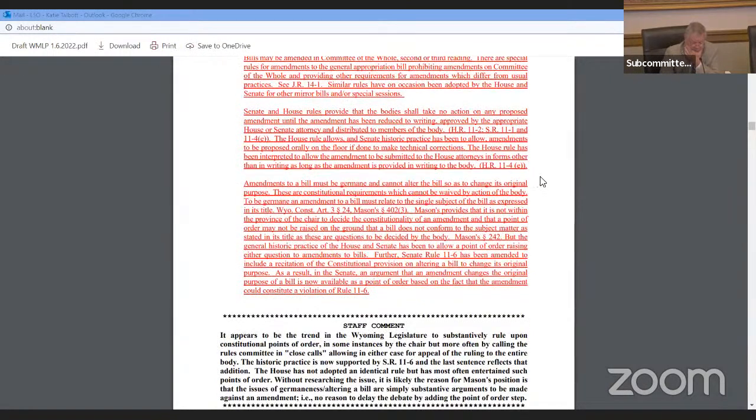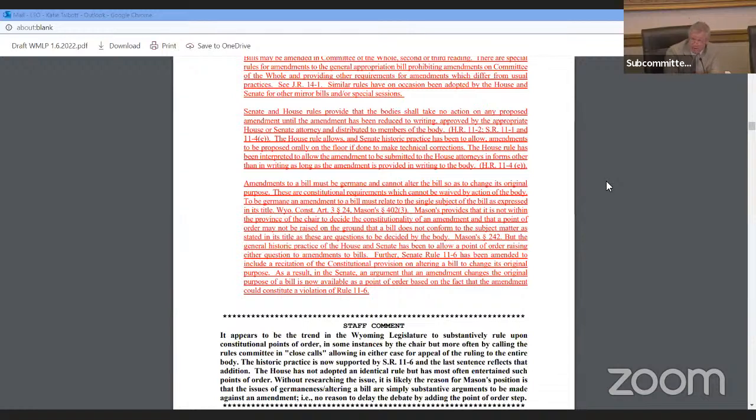We put in that there are special rules for general appropriations bills. You don't allow amendments on committee of the whole for general appropriations. We put that in the manual. Again, it makes it easier because it follows a sequential process. You don't have to look in different places of the rules to find that. Senate rules provide the bodies can take no action until the amendment's been reduced to writing. This is the 2nd paragraph, Mr. Chairman.